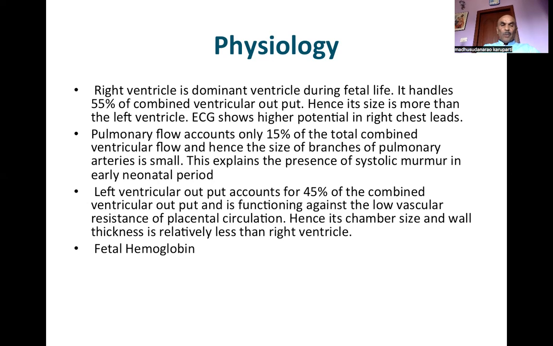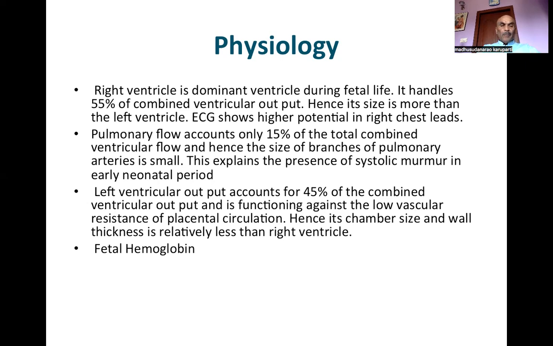Now, a point about fetal hemoglobin. Fetal hemoglobin has the configuration of 2 alpha chains and 2 gamma chains. It has a higher affinity for oxygen and gets saturated at low oxygen content.